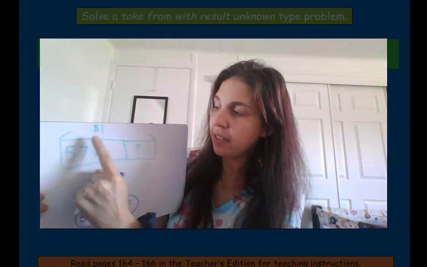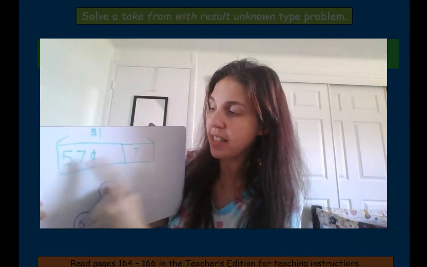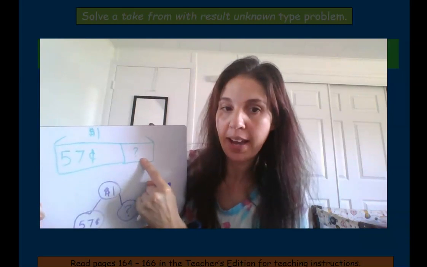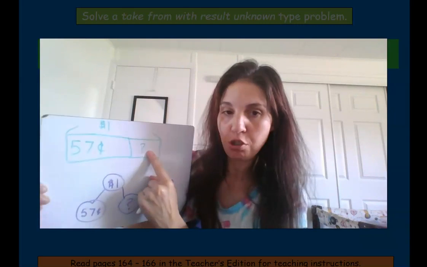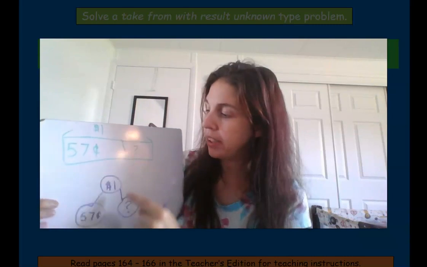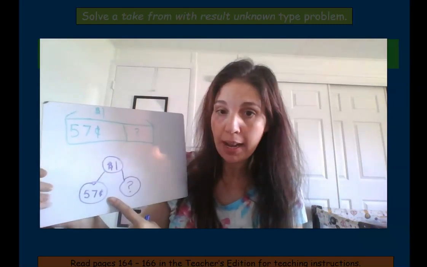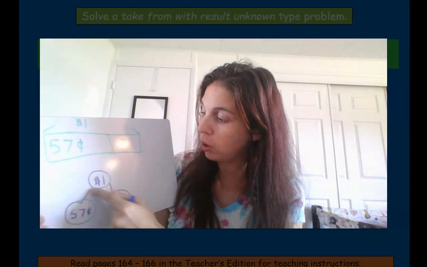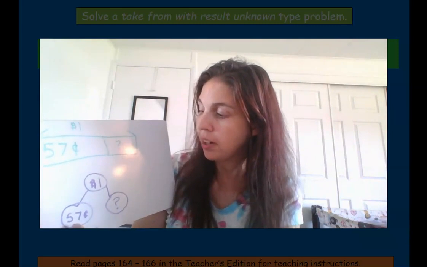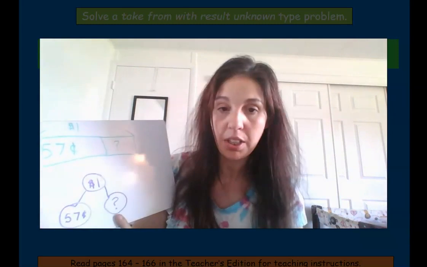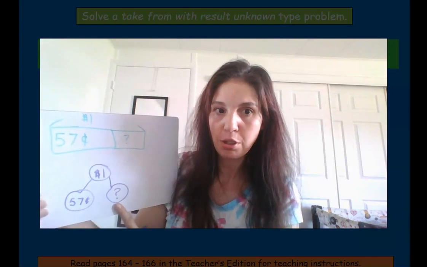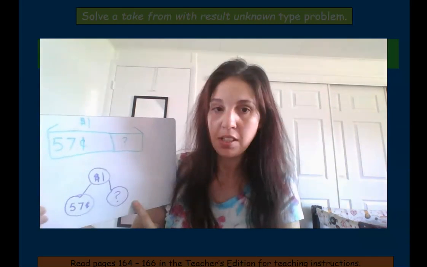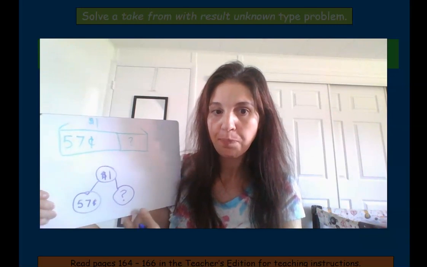She paid 57, her item cost 57 cents, so we want to know how much change is she going to get back. So this is our part that we're not sure what it is yet. The other option you could do is a number bond, where the whole is again $1, part is 57 cents, and we don't know the other part. These are two strategies you can use when solving these type of problems.